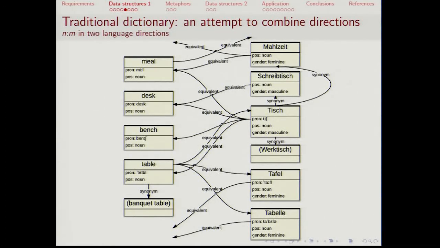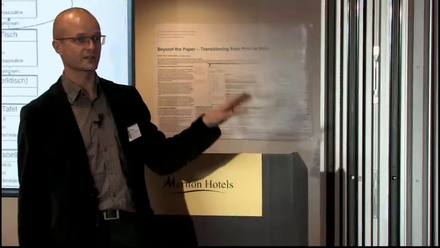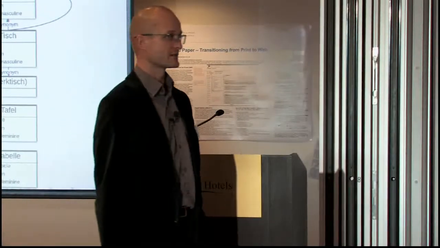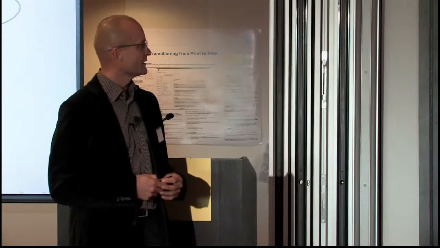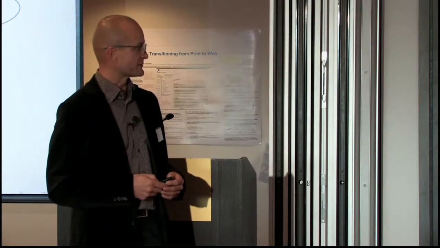The arrows that I have drawn that go outside of this picture go to other equivalents, like the German Tafel has other equivalents in English. So if I would start to draw the graph here, completing all the arrows, then it would continue endlessly. The graph is, what do they call it? Connected? There are no isolated islands in this graph in a dictionary of any reasonable size.